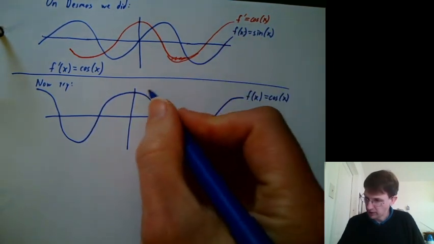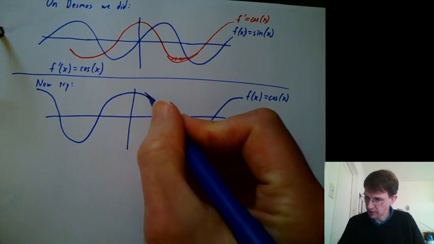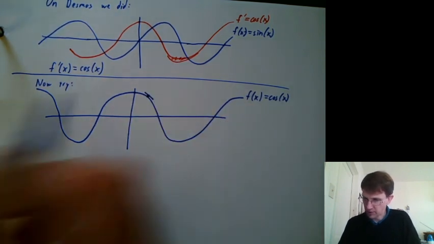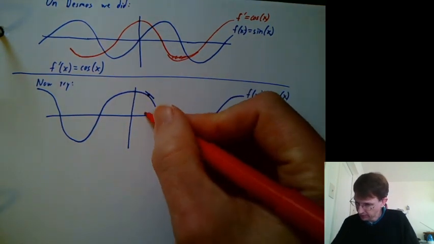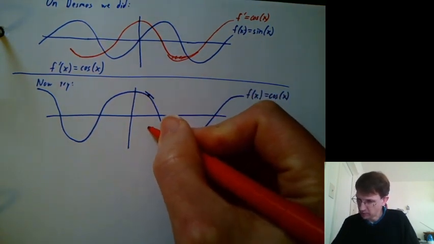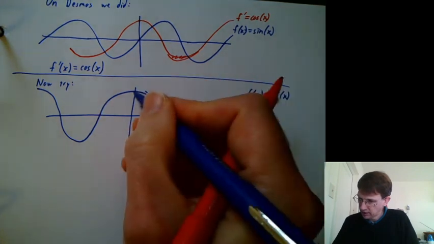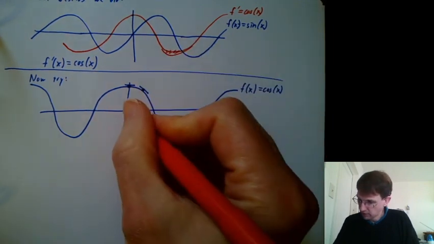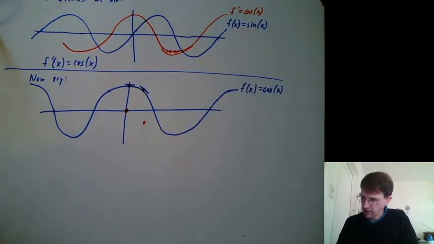If I pick a point here and draw a tangent line, that tangent line has a negative slope. It's kind of moderately negative. So at that x value, I'm going to plot a moderately negative point. The tangent line here would have a 0 slope, so I'm going to put a 0 value there.